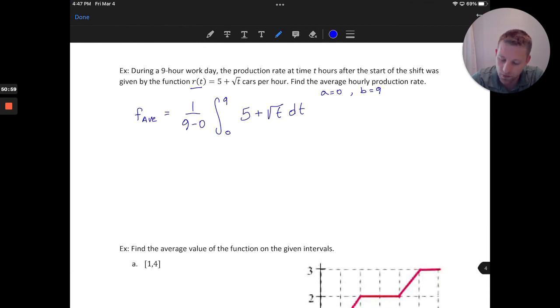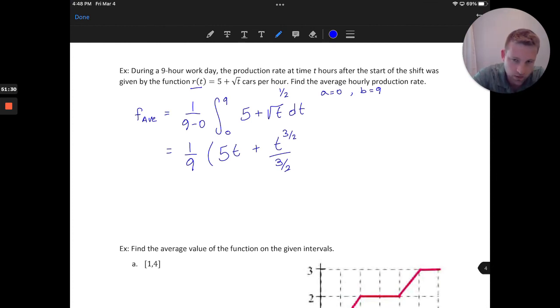So if I want to find, again, that average production rate, we'll have the 1 over 9, and then we'll take our integral, 5 plus square root of t. We'll have 5t as the first antiderivative, and then plus, this will be t to the 1/2, so we get 3/2, and then divide by 3/2 would be the same as multiplying by 2/3.